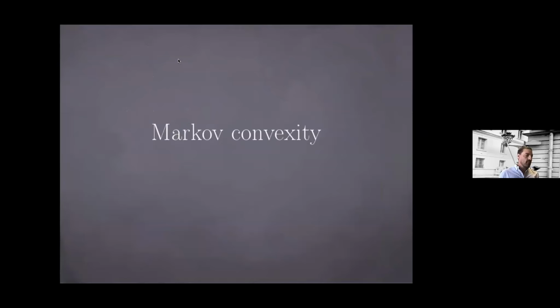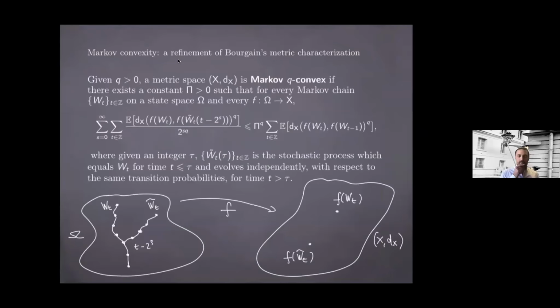So now Markov convexity. Markov convexity is a delicate metric invariant that was introduced by Lee, Naor and Peres in 2006. And so here is the definition. It might be a lot to take in if you have never seen it, so let me try at least to give you a rough idea of what this inequality is about.